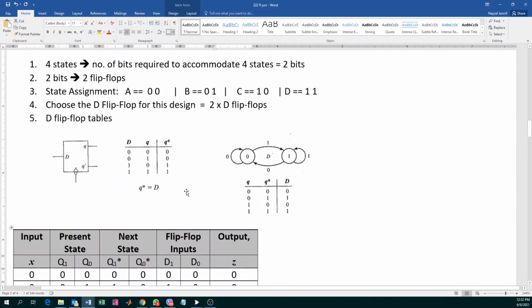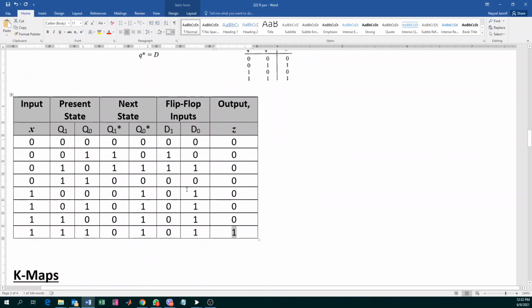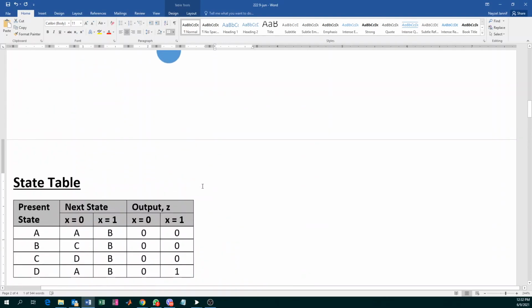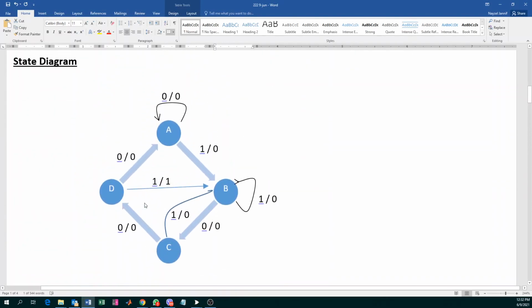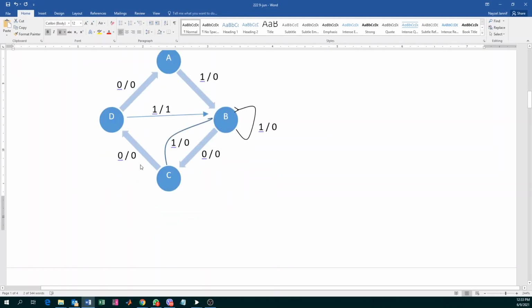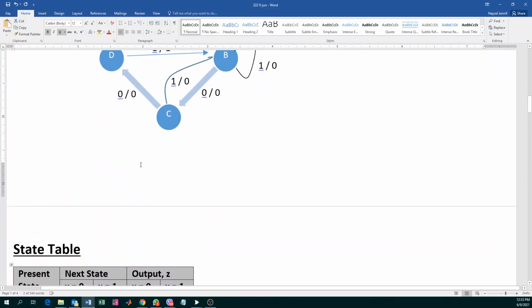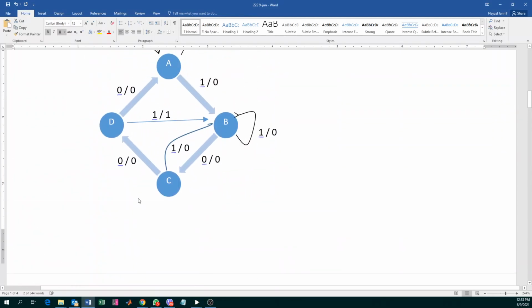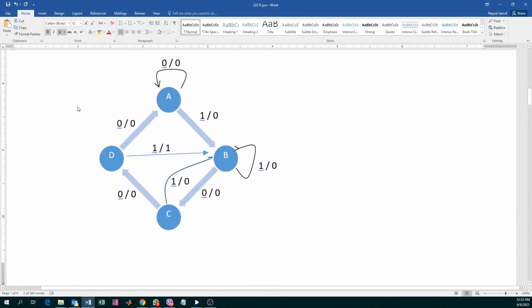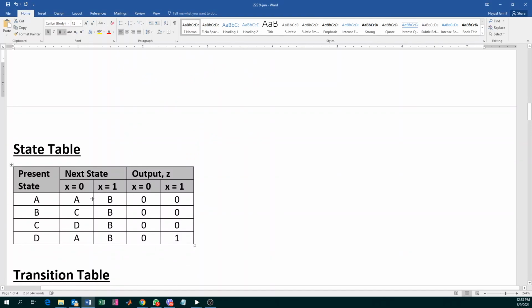See, your transition table is based on top of your state table, and your state table is based on top of your state diagram. So everything from your state diagram onwards is basically just re-representing. Your state table is a re-representation of the state diagram; the same information is put in state table form.